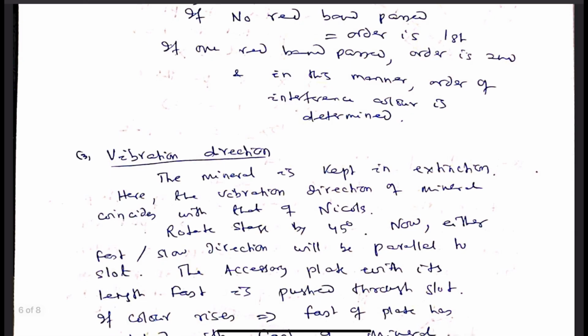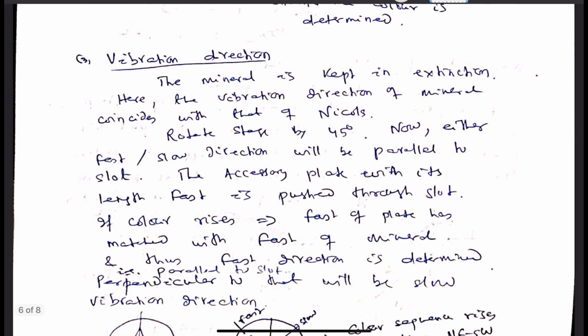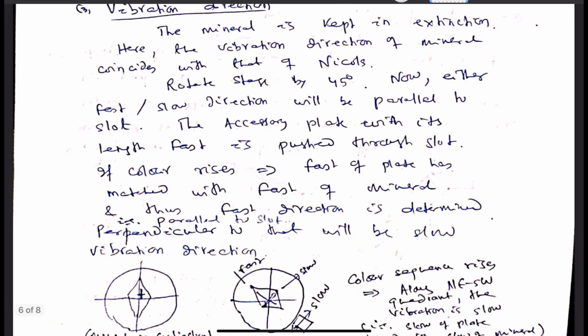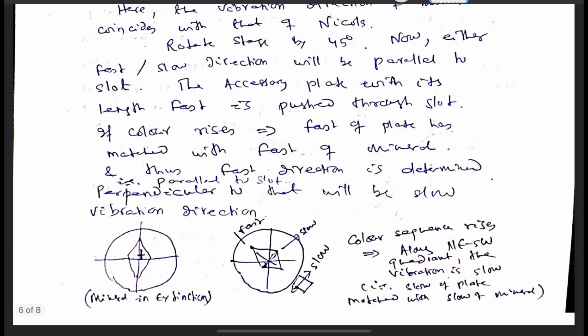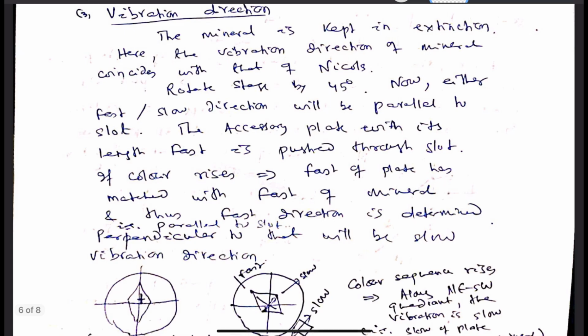So in this manner, the quartz wedge is used to determine the order. Vibration direction: similarly, in order to know the vibration direction of a mineral section, first the mineral is kept in the position of extinction, then it is rotated 45 degrees either way, so that the vibration direction of the mineral will be parallel to the slot.